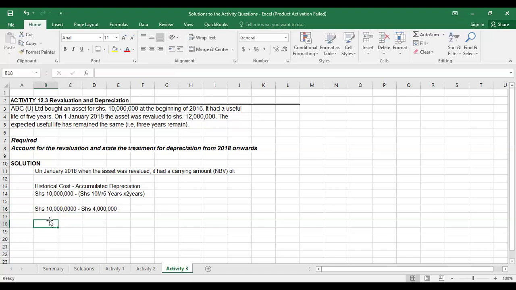So our net book value, or carrying amount, is going to equal 6 million shillings.